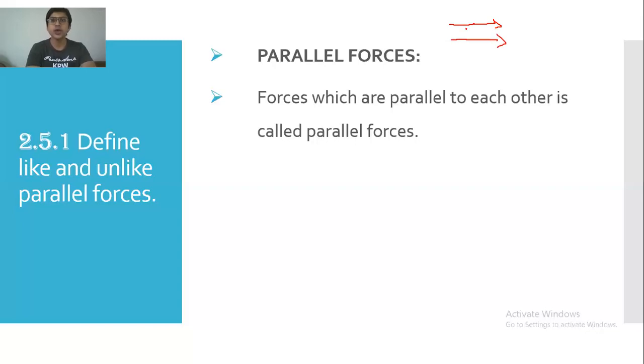These two lines are parallel. Why? Because if I extend them, they will never intersect each other. So those lines which do not intersect each other when extended are called parallel lines.